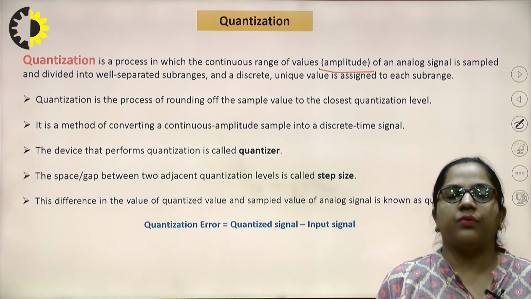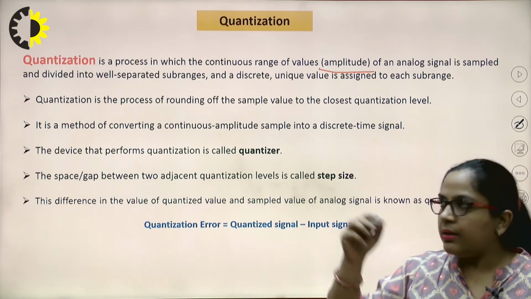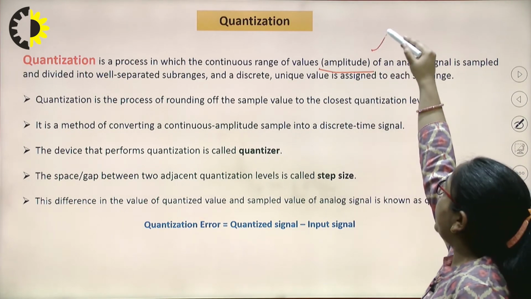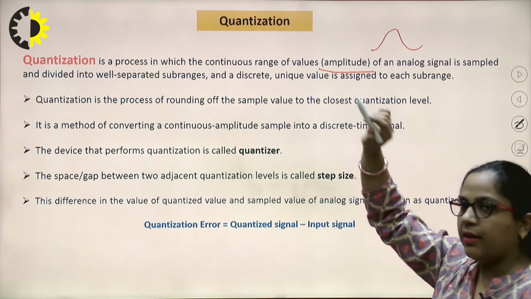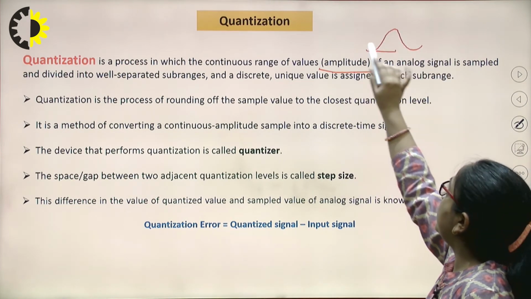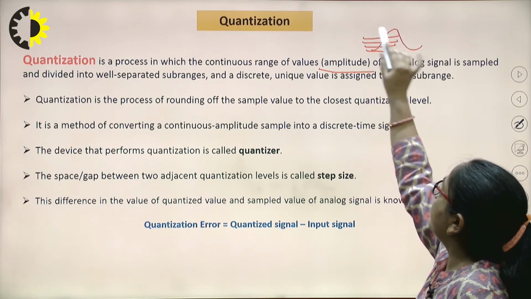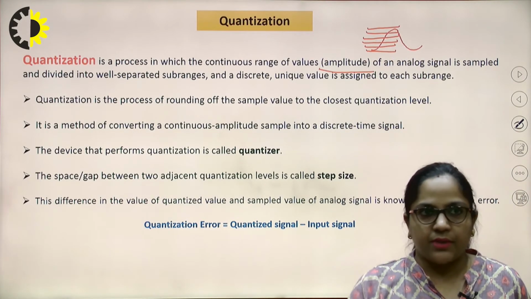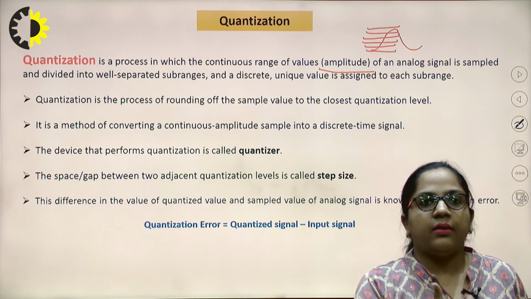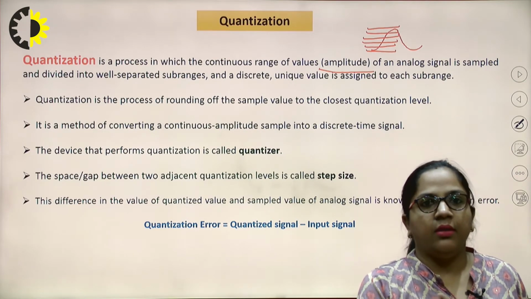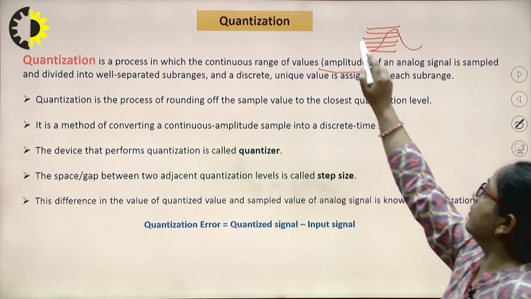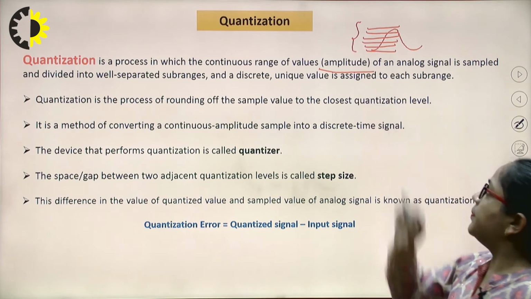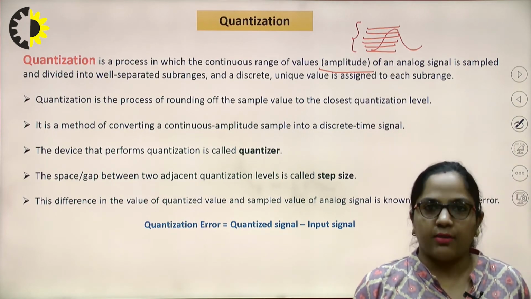That means in quantization, the continuous amplitude of the analog signal will be divided into some levels. These levels we can call sub ranges, or the levels in which we are dividing our analog signals.